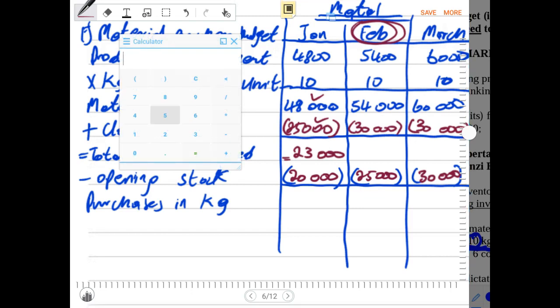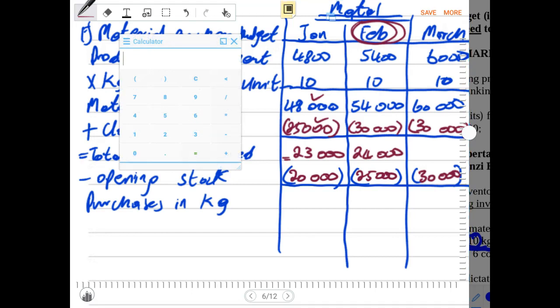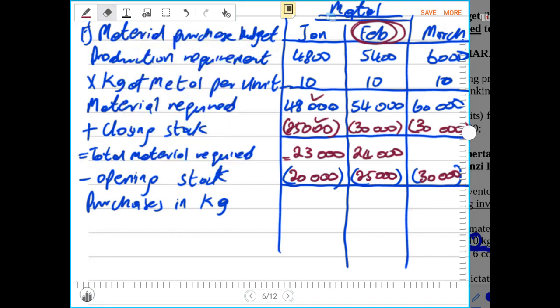Then after we say 54,000 minus 30,000, and this will give us 24,000 kgs. Then after we say 60,000, sorry, that is not minus, it's a plus. Sorry for that. We closing is added, not subtracted.